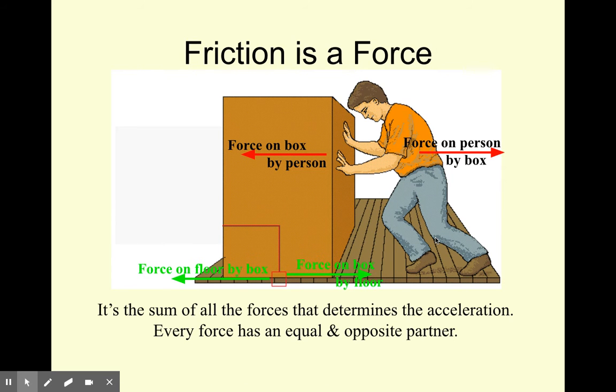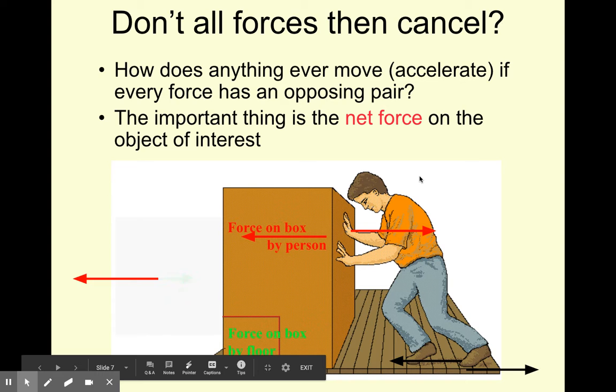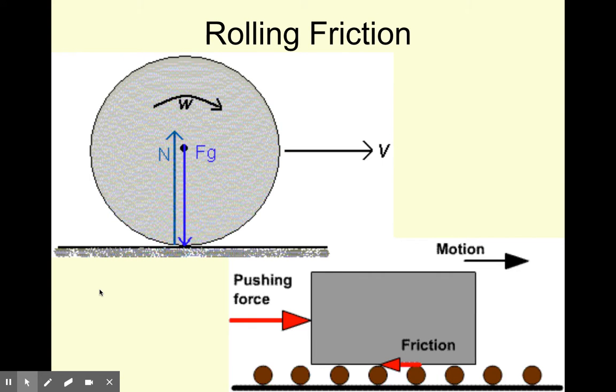Okay, so sum of all the forces again. If we look at the net force, if friction is less than the applied force, so if this is friction and this is the applied force, then we're going to have motion in that direction.